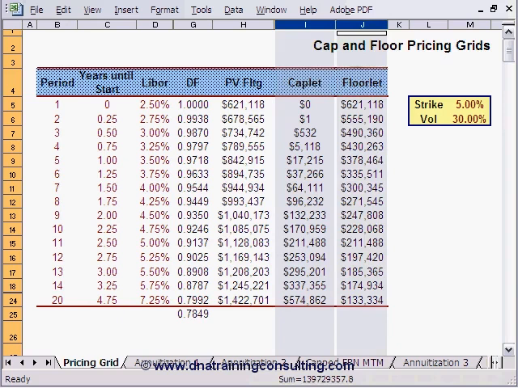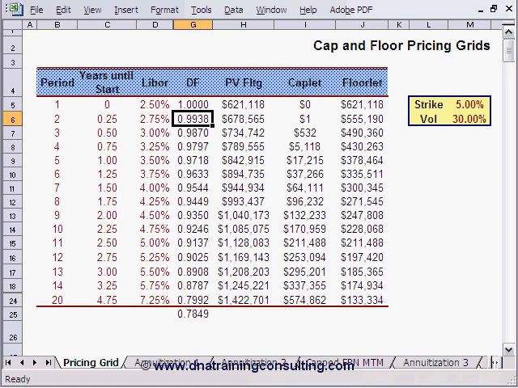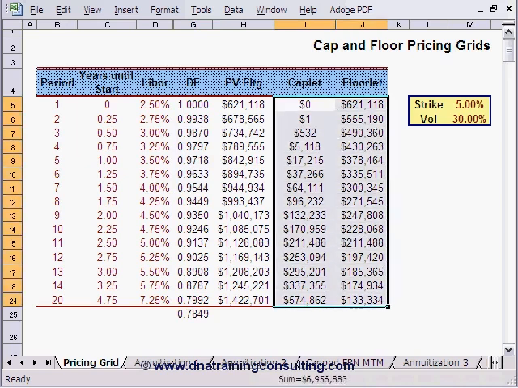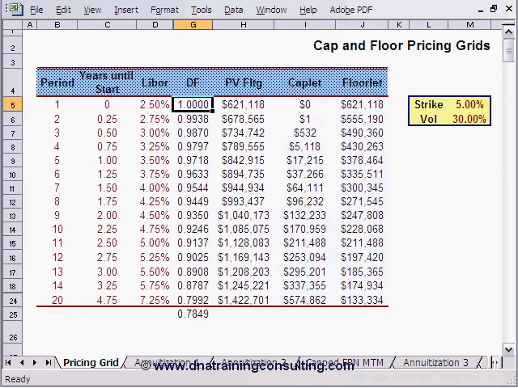The number underneath the first discount factor and all numbers further down, those are discount factors for cash flows occurring at the end of the first quarter in G6 and thereafter at the end of each subsequent quarter. For the 20 consecutive caplets and floorlets that we are pricing on this worksheet, we do not need any other discount factors than these 20 DFs we have just highlighted.